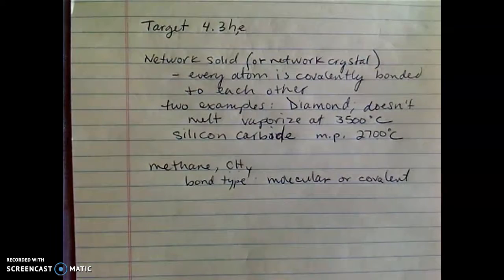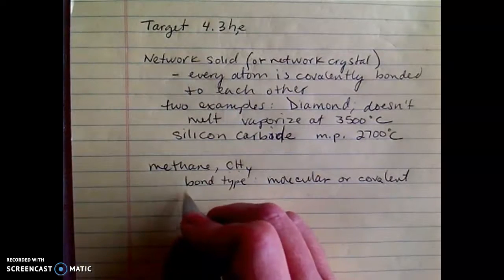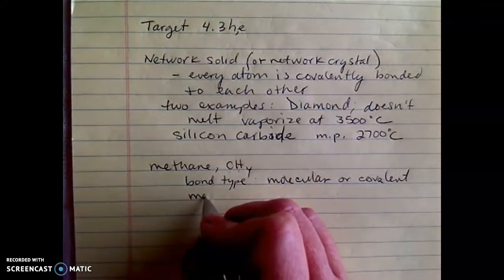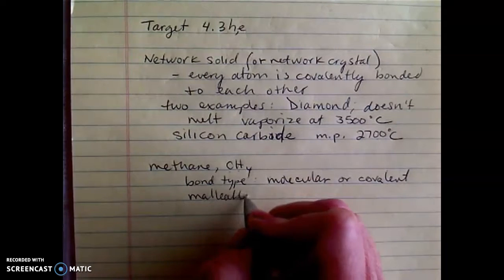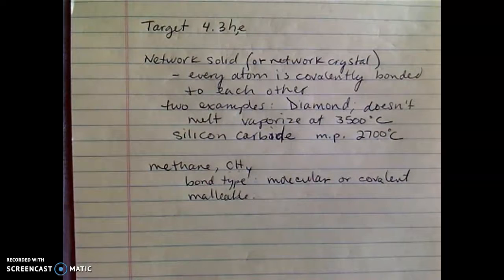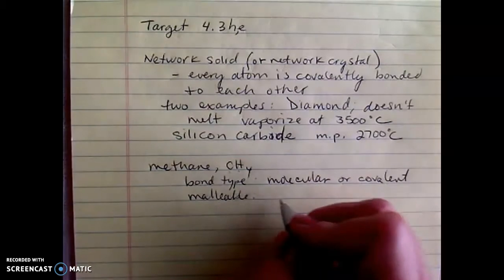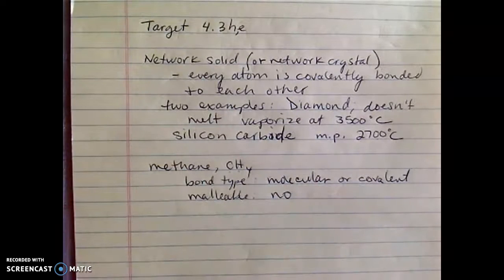So that's the bond type. We should know their properties. So I could ask you, is this malleable? Well, methane is a molecular compound. Molecular compounds, if they're solids, are very brittle. So no, it would not be malleable.